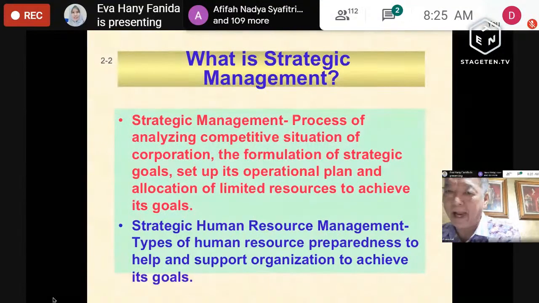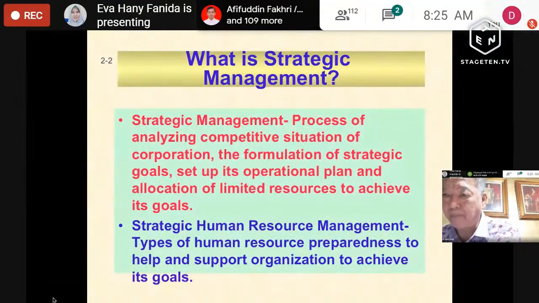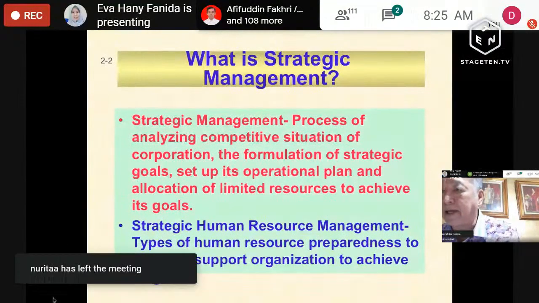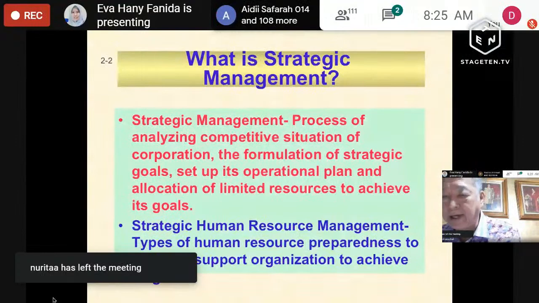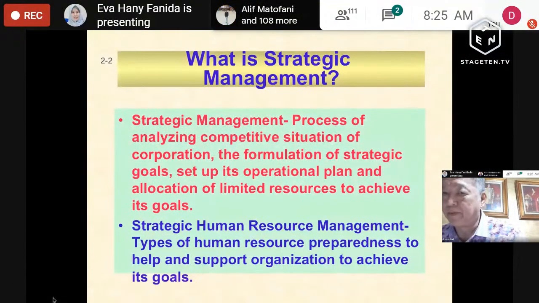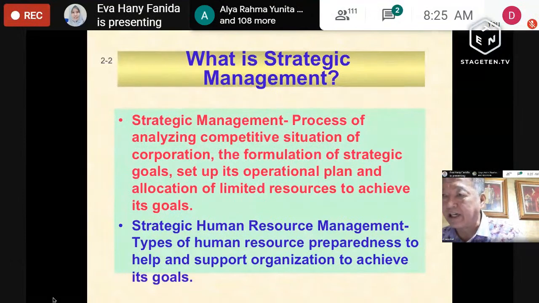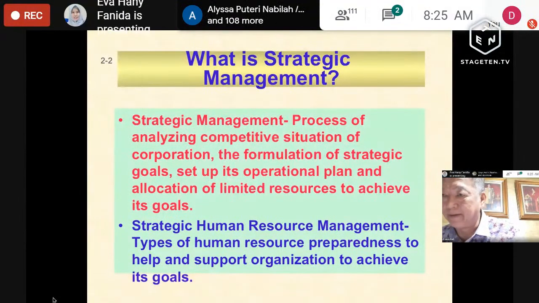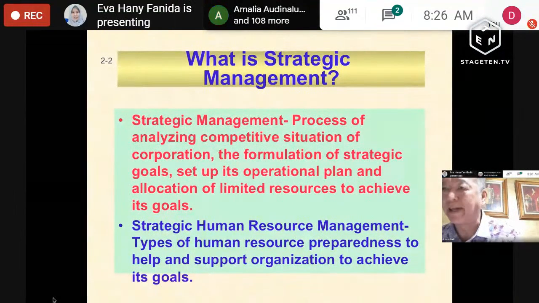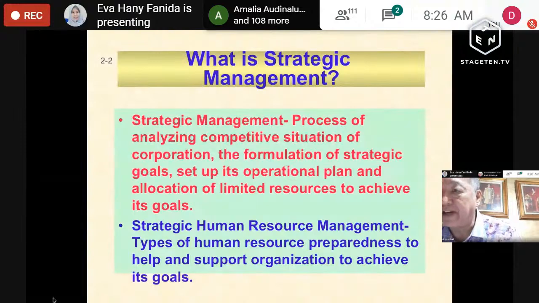You see that strategic human resource management is just a part of strategic management of any organization. So we don't have a separate strategy. We use the corporate strategy, and we use our functions to operate. We might call it HR practice to help the organization to achieve its goal.